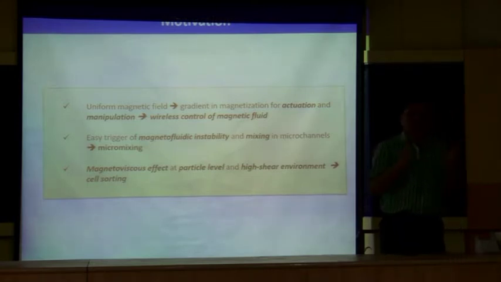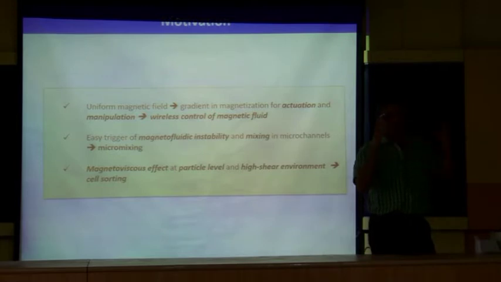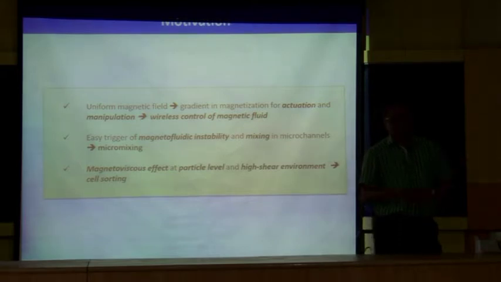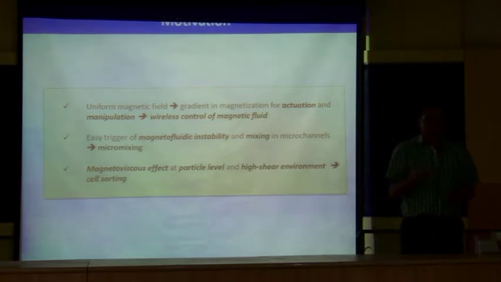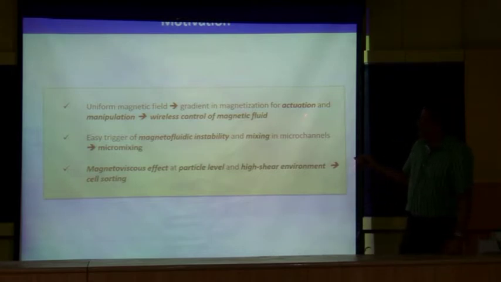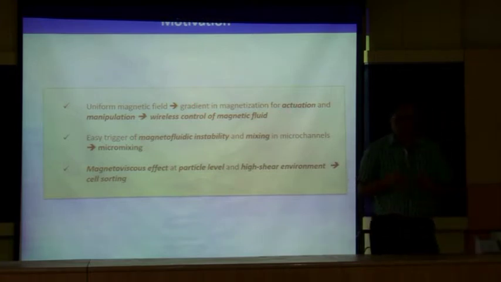But to produce a gradient in the field, you need something very bulky, like a magnet, electromagnet or something like this. But then you may say with a uniform magnetic field, the particles will not move. So in order to do that, what we do is we introduce a gradient in the susceptibility. So a gradient in the magnetization is used to induce motion.